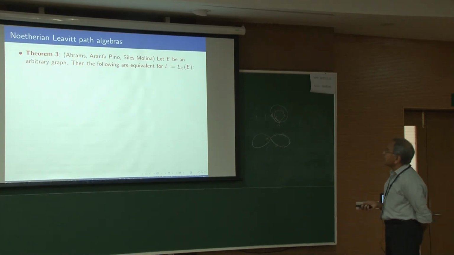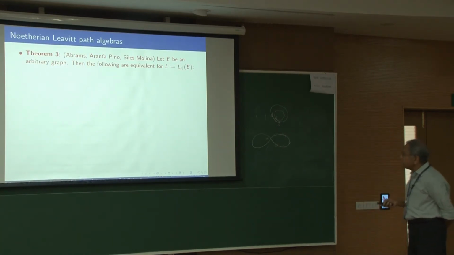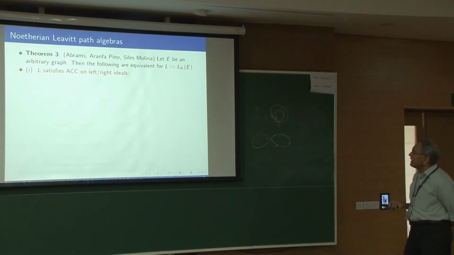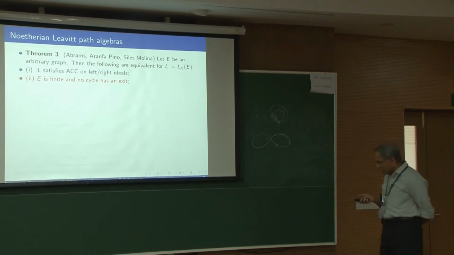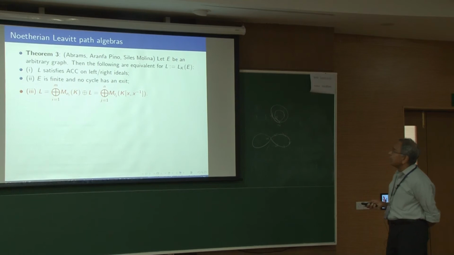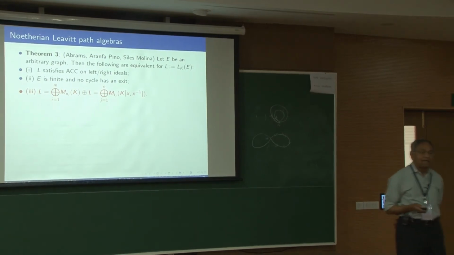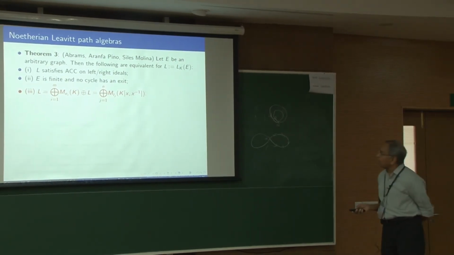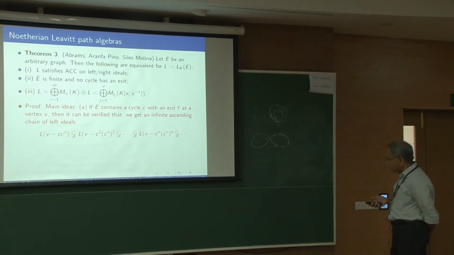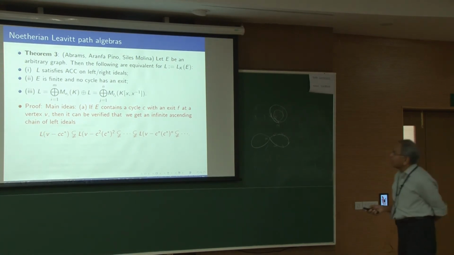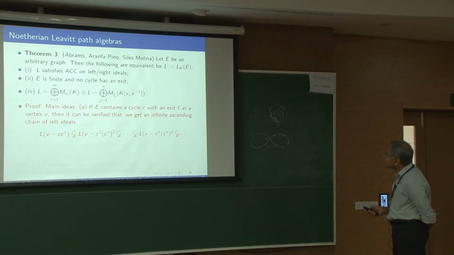Likewise, if it satisfies the ascending chain condition, again it comes out easily, namely in that case the graph must be finite, that we know already, and no cycle in this graph can have an exit. Why so? I'll just point out the main idea and give the references so you can look them up later. Suppose a graph contains a cycle c, and there is an exit f.